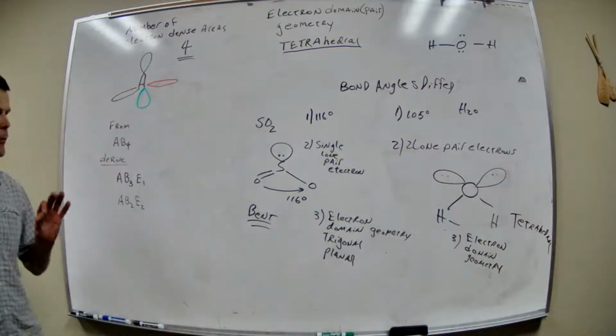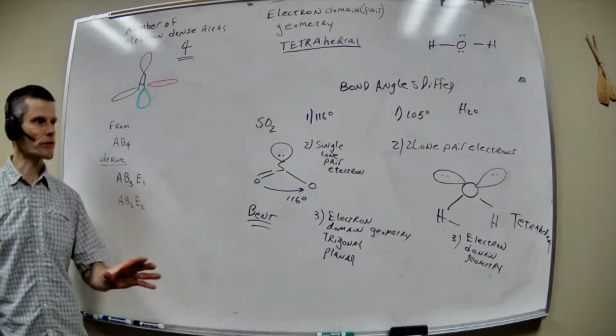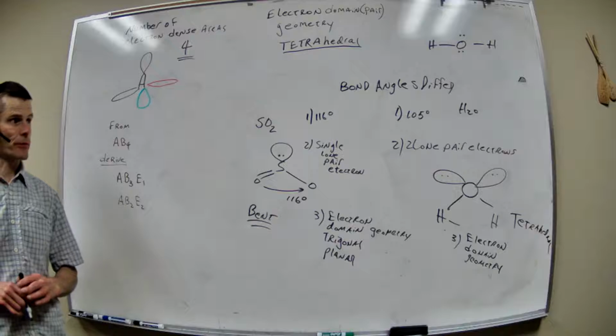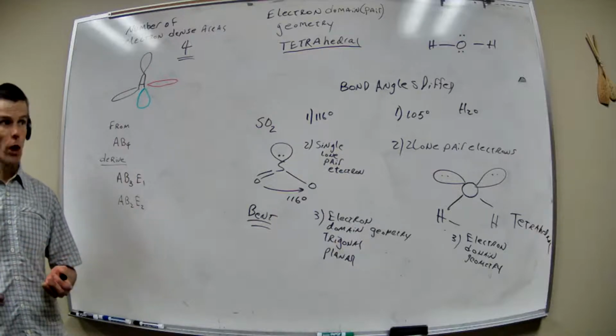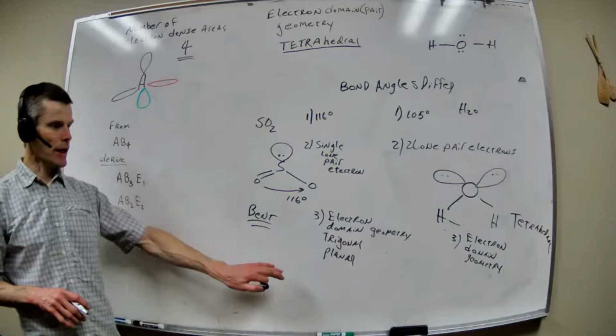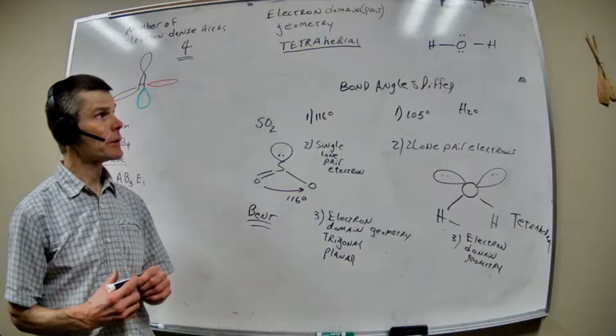So these are some really good ways to describe these differences and why they're different. Bond angles differ. There are different numbers of lone pair of electrons, and they're derived from different electron domain geometries.